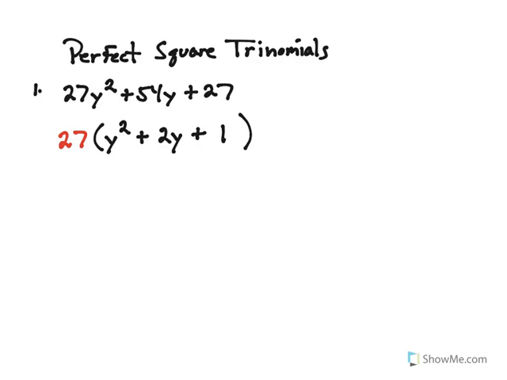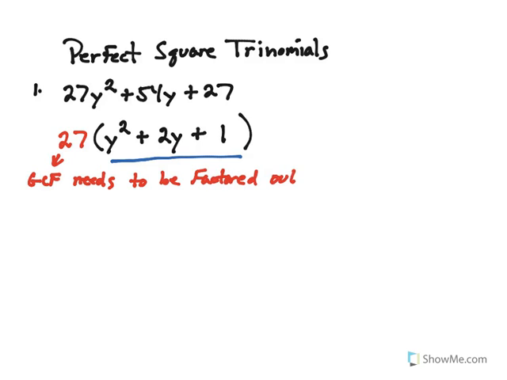Now we look at the polynomial right here, and that is a perfect square trinomial. Don't forget, this is the GCF that we needed to factor out. Okay, so the GCF needs to be factored out. And the polynomial that I underlined is in fact a perfect square trinomial.